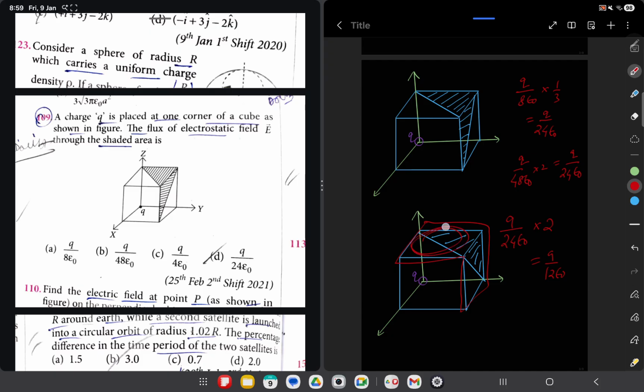And in this above portion, there are four portions. With these four portions, this vacant one and this vacant one are in symmetry, and this one is in symmetry. So the flux will be equally divided into the shaded and unshaded portions. So this one will be how much? Q by 24 epsilon naught. So this would be the approach.